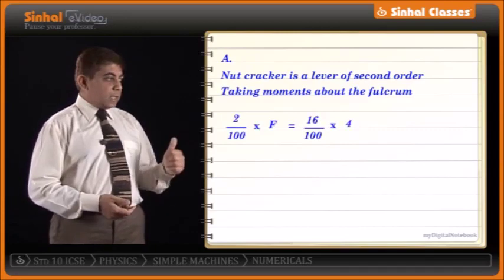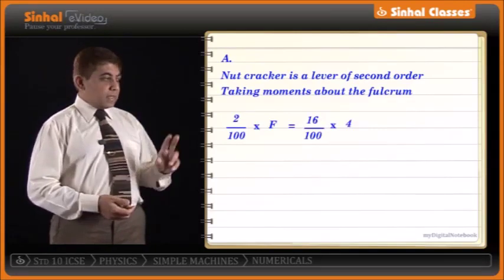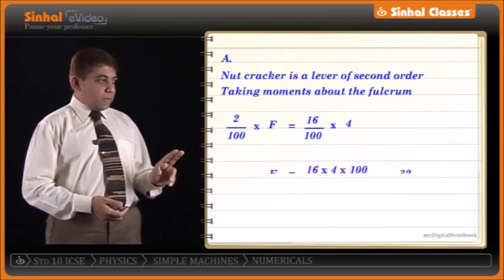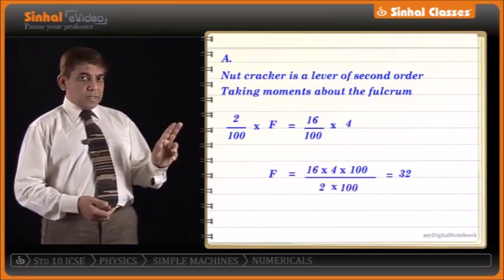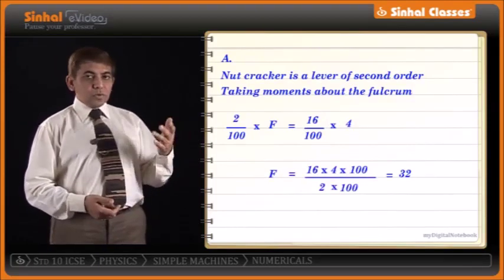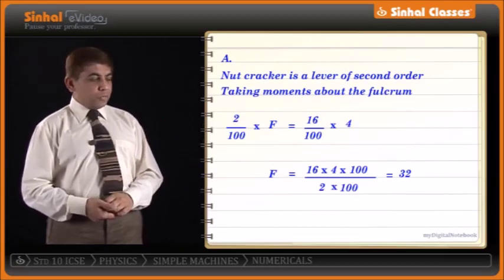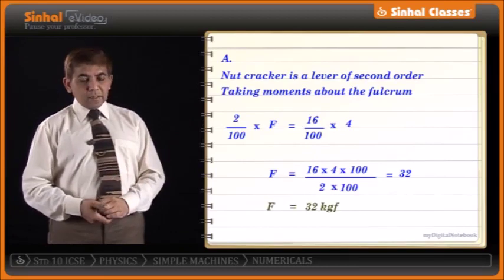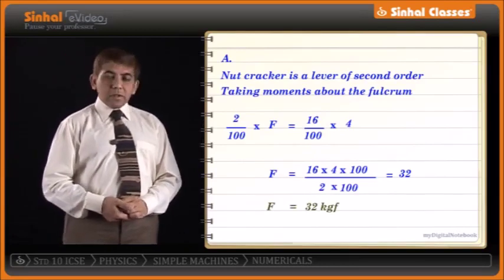As a result, I get F is equal to 16 multiplied by 4 multiplied by 100 divided by 2 multiplied by 100, leaving me F equal to 32. So therefore, the force that is required to be placed on the nutcracker amounts to 32 kgf.